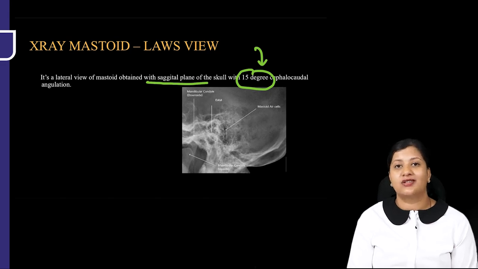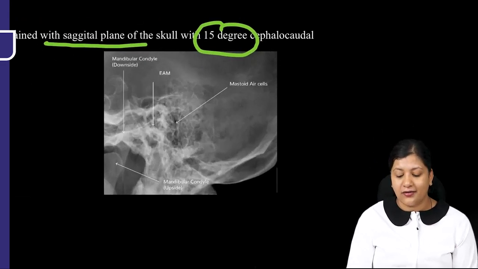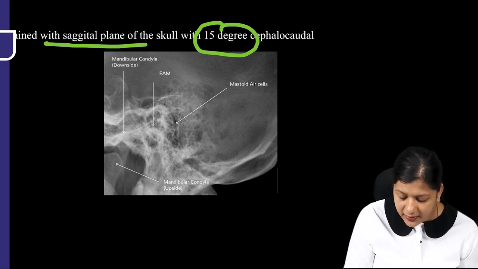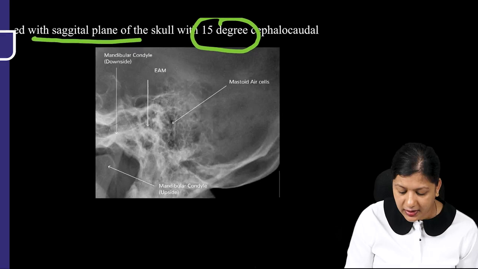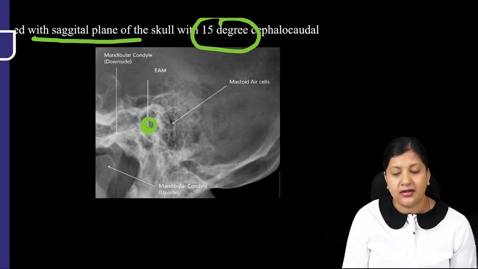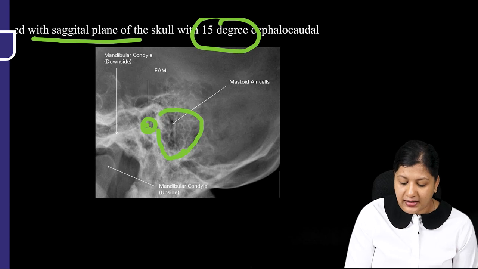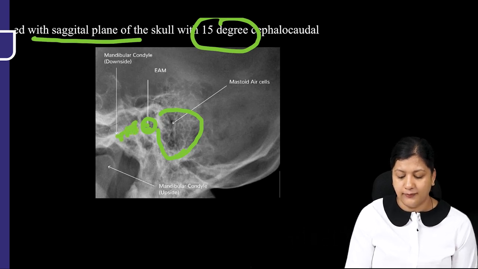So if you see here in the X-ray of the ear, what are the structures that we see? We can clearly identify the external auditory canal. Behind that we have these air cells, which are your mastoid air cells. Anteriorly you can see the TM joint.